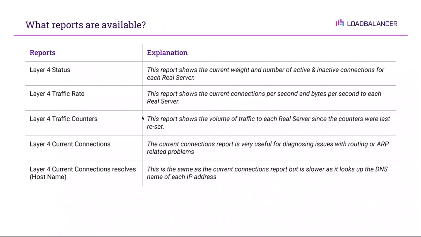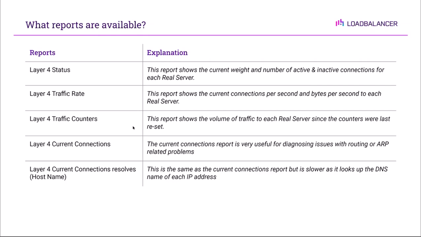Then we have the traffic counters that show the volume of the traffic since the last restart of the appliance or just the layer 4 service. And then layer 4 current connections, which will show us the state of the current connections, such as whether there was a SYN between the clients, etc. So this is quite a good tool for diagnosing any issues with routing or app-related problems.